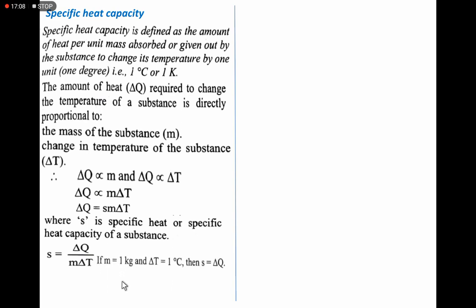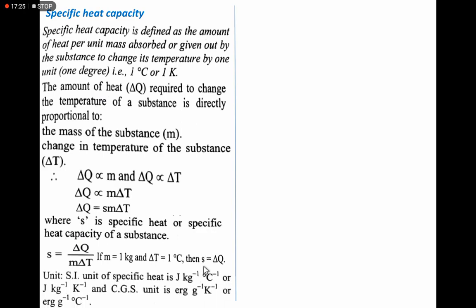Okay, so here we'll consider the mass of the body is 1 kilogram and the change in temperature is 1 Celsius. Therefore, heat supplied is equal to the specific heat capacity of the body, that is S is equal to delta Q, and the units are here. Specific heat capacity in SI unit, you can write joules per kilogram per degree Celsius or joules per kilogram per Kelvin.